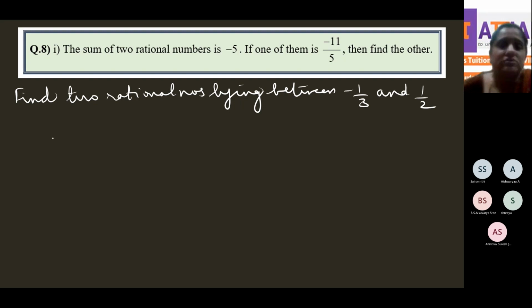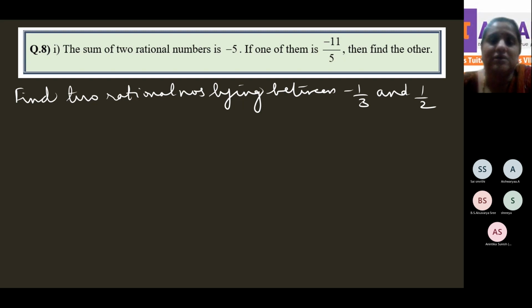Okay. This method is very tedious, it's cumbersome, but sometimes when they specify that you have to find the rational numbers using this method, then you have to. Using the concept of mean, M-E-A-N.